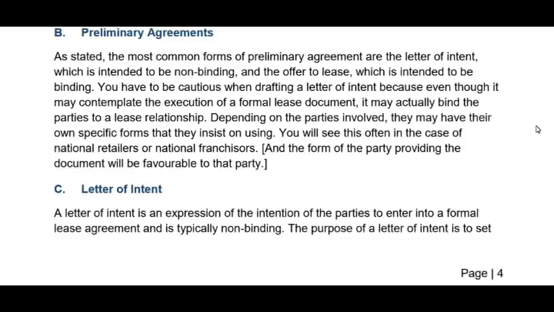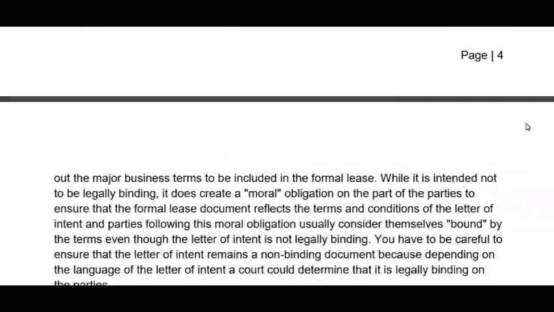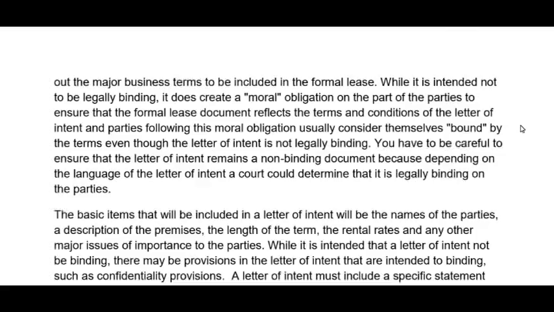C. Letter of intent. A letter of intent is an expression of the intention of the parties to enter into a formal lease agreement and is typically non-binding. The purpose of a letter of intent is to set out the major business terms to be included in the formal lease. While it is intended not to be legally binding, it does create a moral obligation on the part of the parties to ensure that the formal lease document reflects the terms and conditions of the letter of intent.